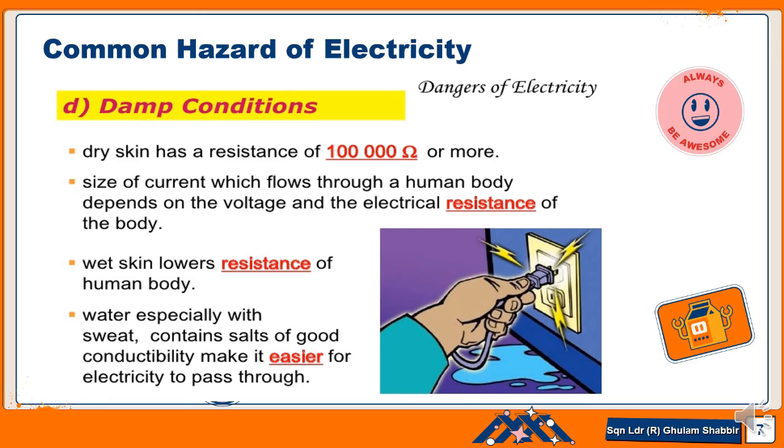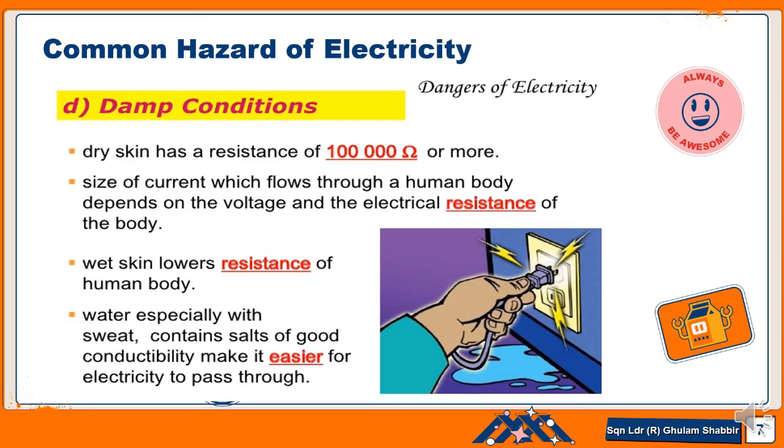In damp conditions, our dry skin has a very high resistance, around 100,000 ohms or more. The size of current which flows through a human body depends on the voltage and the electrical resistance of the body. In the case of wet skin, the resistance is reduced, and it may be a very good conductor.